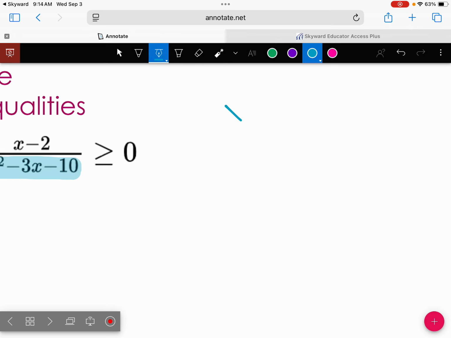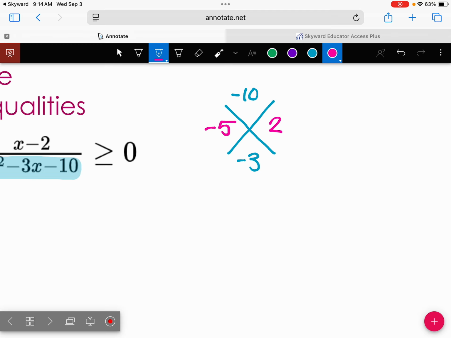Where we have our a times c of -10, and our b is -3, we're going to have our -5 and a positive 2.